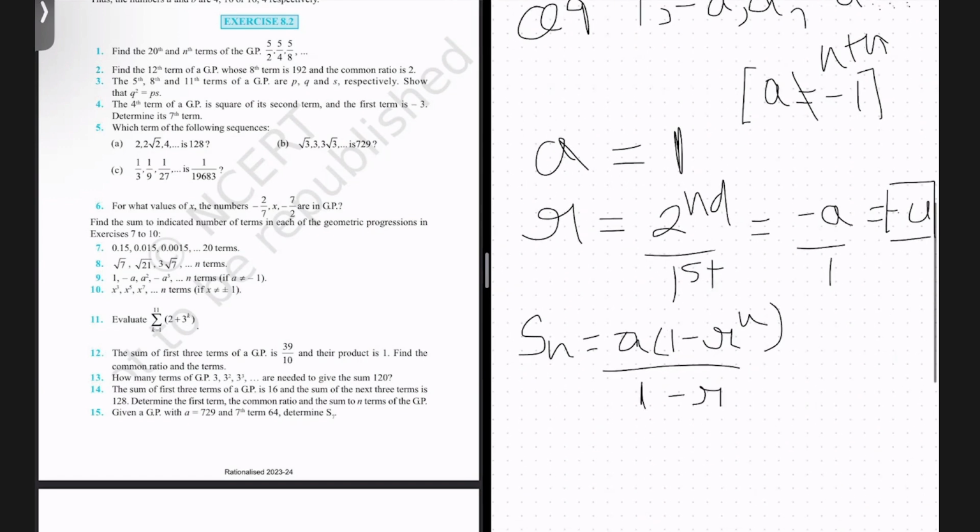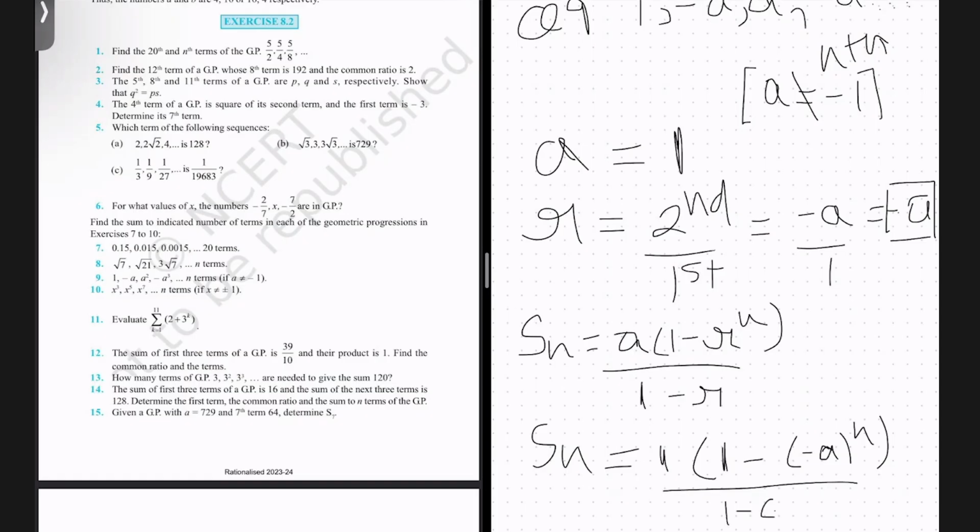Plugging in the values of a as being 1 and the common ratio as being minus a, the Sn that you're going to get is 1 minus minus a raised to the power n upon 1 minus minus a.